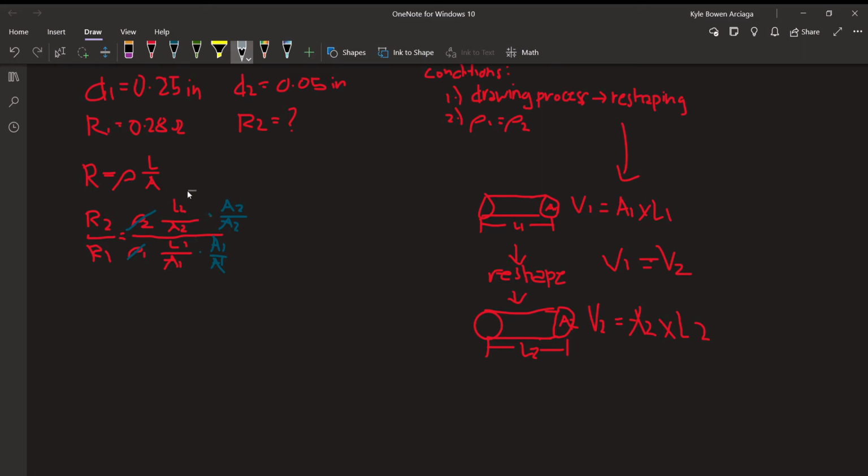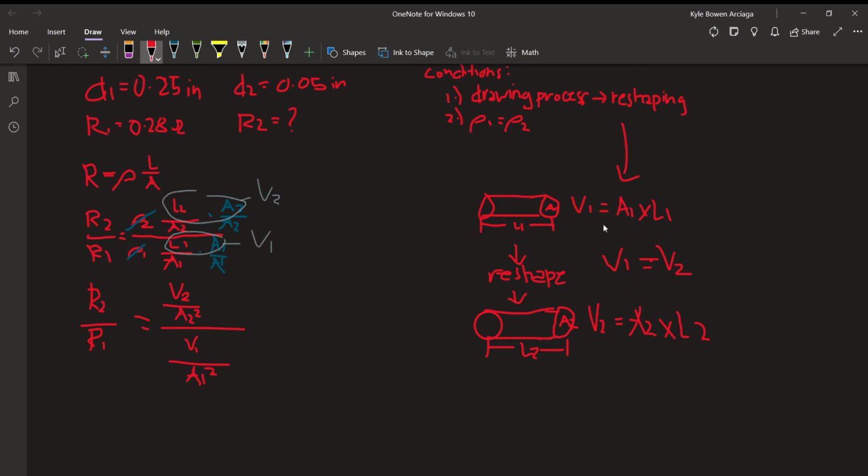Since this is V2 and this is V1, we can simplify the equation with V2 over A2 squared all over V1 over A1 squared.